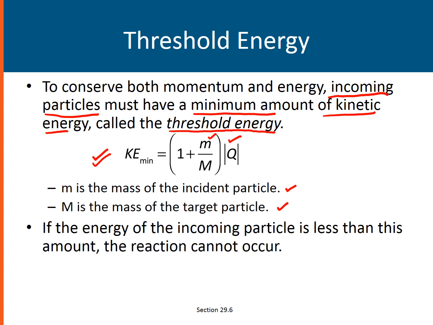Our incident particle could be an alpha particle or an electron, and our target particle is the atom, so it could be any type of atom that would undergo the nuclear reaction. Remember that if the energy of the incoming particle is less than the required amount, or the threshold energy, the reaction cannot occur.